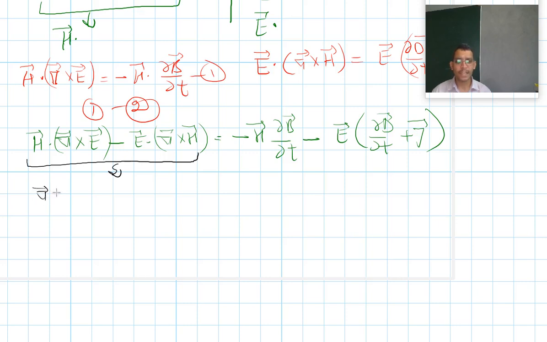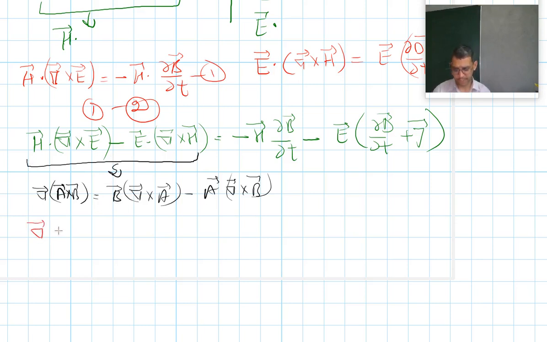As we know that del dot A cross B is equal to B dot del cross A minus A dot del cross B. If I apply this identity here, then what we are getting is del dot E cross H, and here these quantities will remain as it is, right?